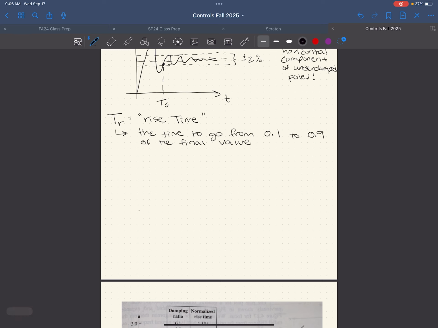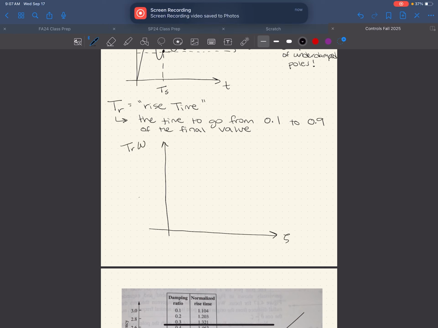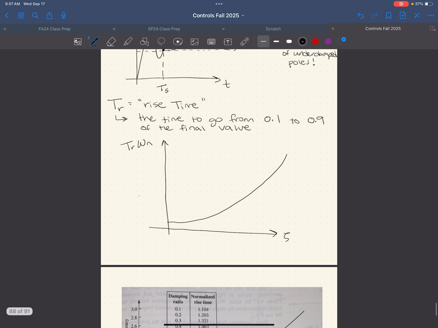But for second order systems, we don't directly calculate this. We tend to look at a known relationship between the zeta value and our rise time times omega n. This is the relationship that we know exists for these types of systems, for 0.1 and 0.9.